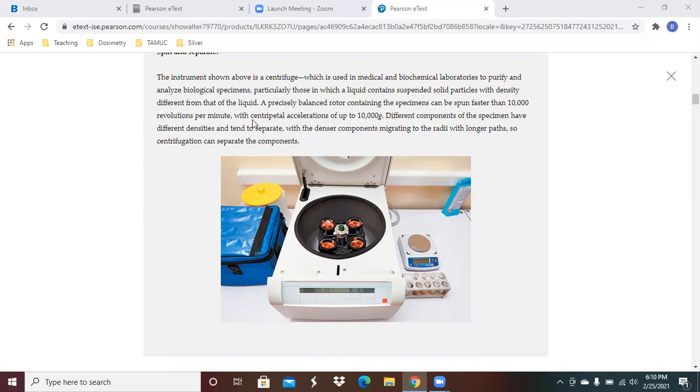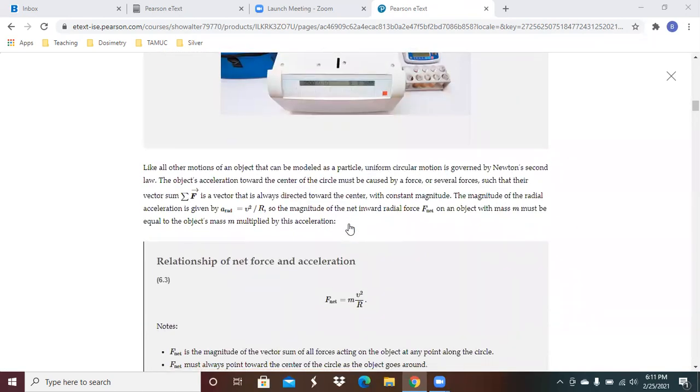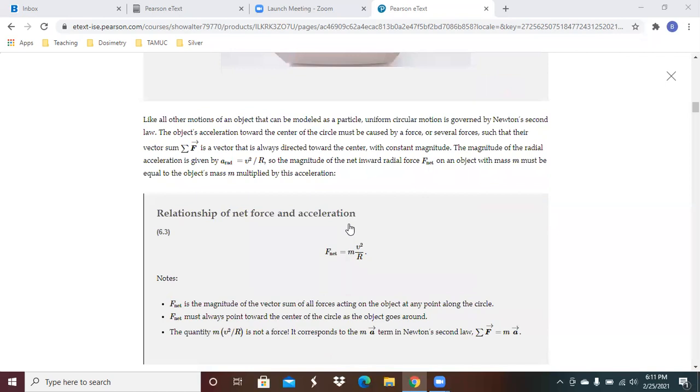Different components of the specimen have different densities and tend to separate, with the denser components migrating to the radii that have the longer paths, the outer part, so that you can get at the different components there, which is kind of neat. So it's an actual application of what we're studying.